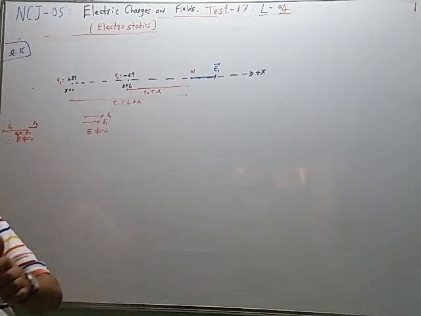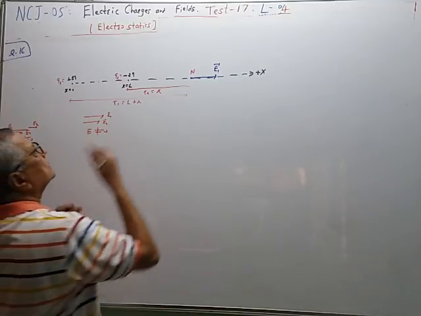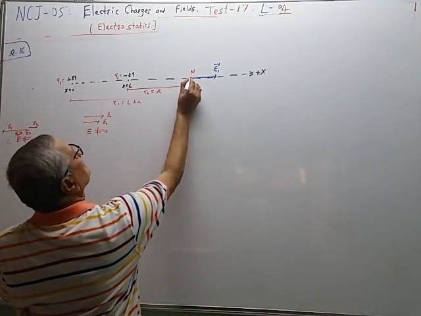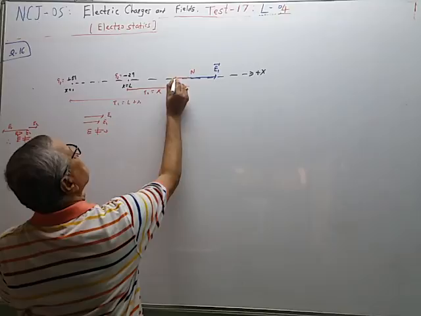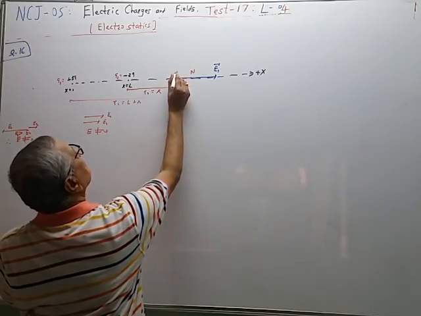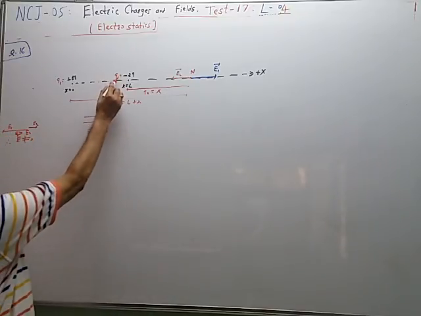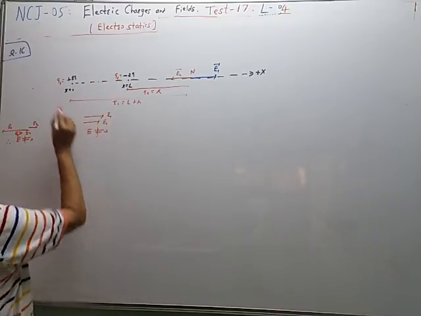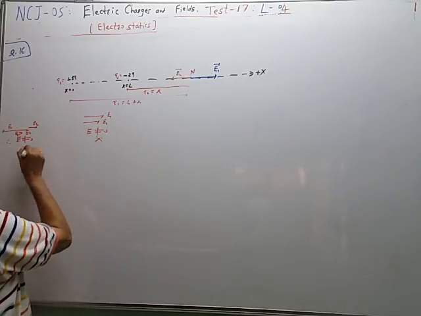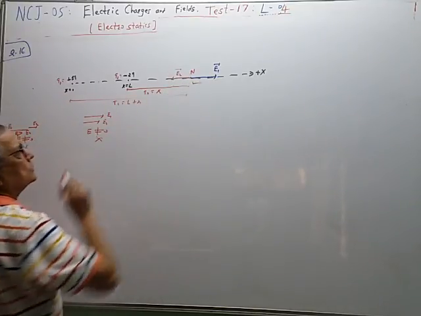And E2 is directed toward the negative charge. And they are equal in magnitude, opposite direction, they cancel each other. So this position is not possible. This position is not possible. Only this is the correct position.